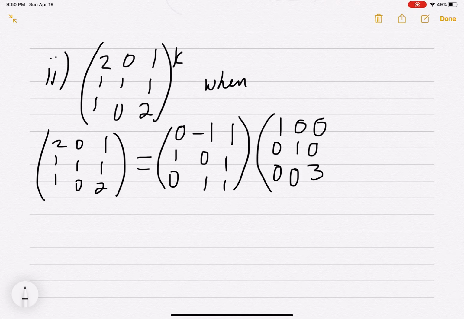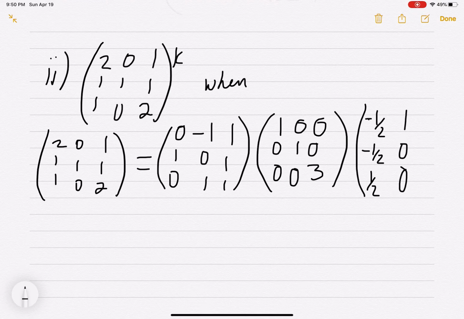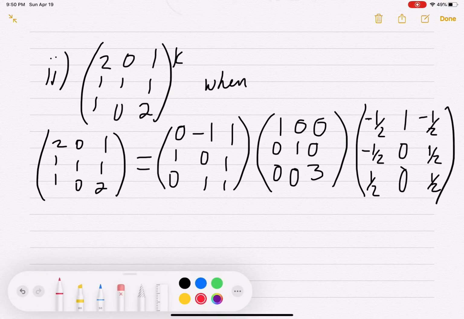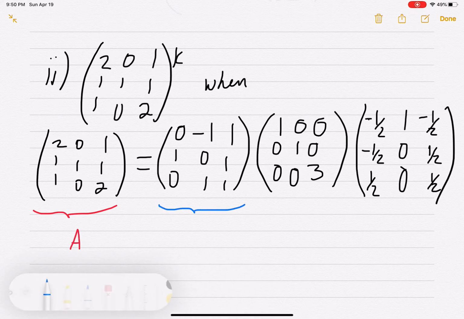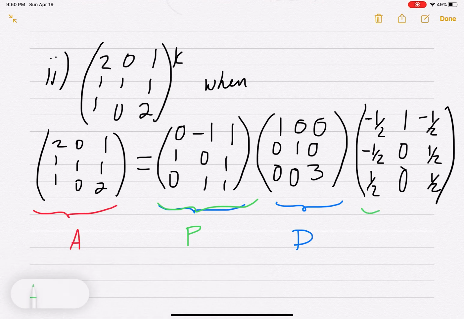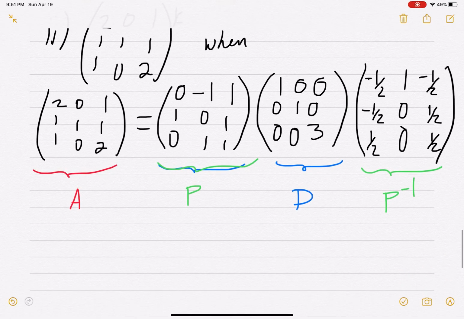You can see that's our diagonal matrix, the D. Then we got [-1/2, -1/2, 1/2; 1, 0, 0; -1/2, 1/2, 1/2]. So basically here we have first our A, then we have our P, then our diagonal matrix D in the middle, that's the blue, and the P inverse is there on the end. All right, so we want this red matrix raised to the kth power.